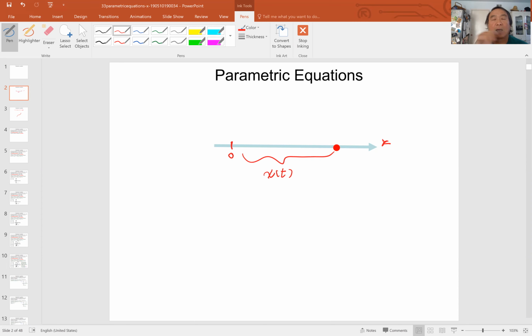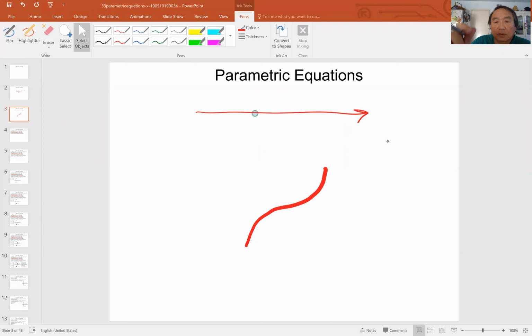As time goes on, x of t describes the position of the point, and we can take the derivative to get the velocity: x prime of t is the velocity. Then the second derivative is the acceleration. From there we can deduce the motion of the point.